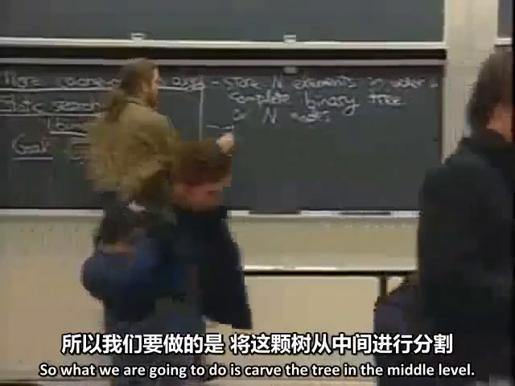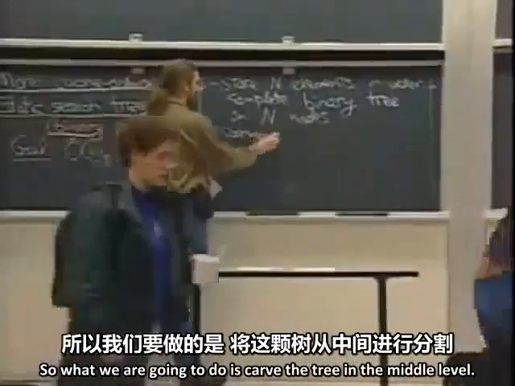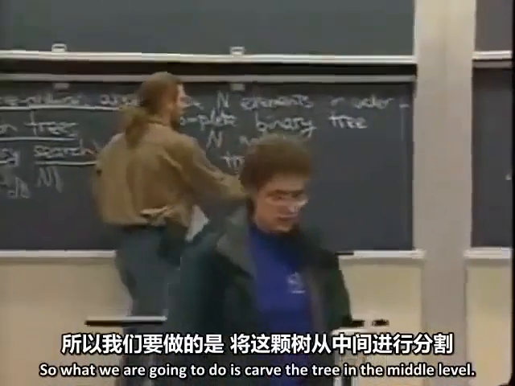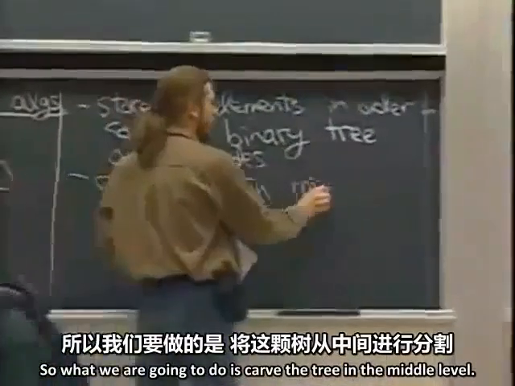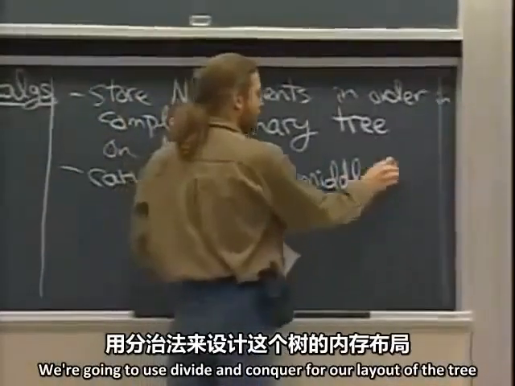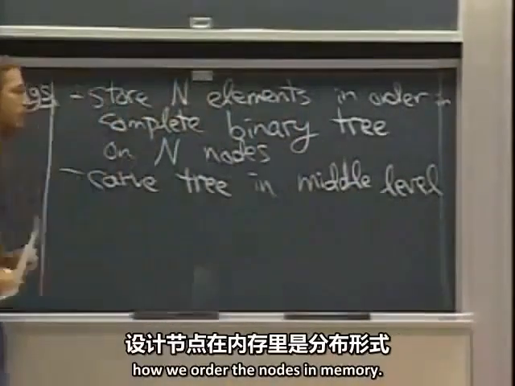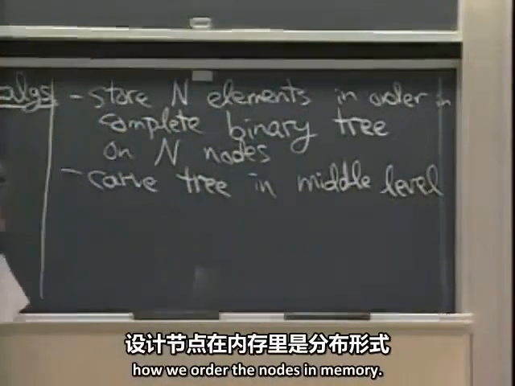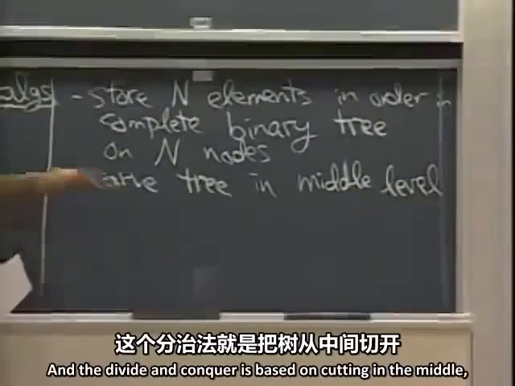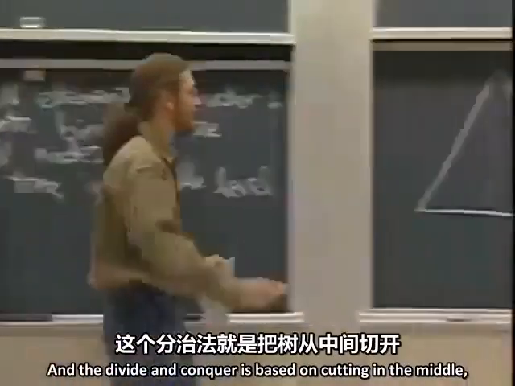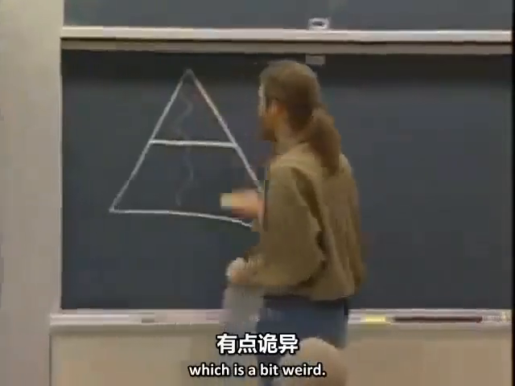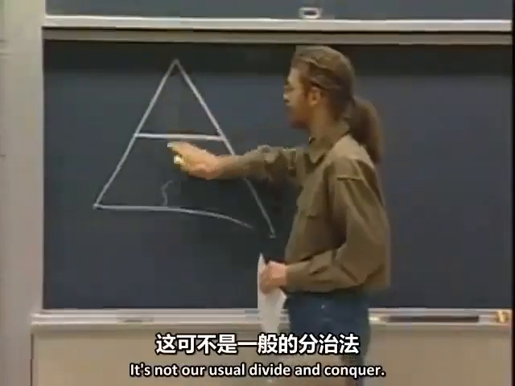So what we're going to do is carve the tree in the middle level. We're going to use divide and conquer for our layout of the tree, how we order the nodes in memory. And the divide and conquer is based on cutting in the middle, which is a bit weird. It's not our usual divide and conquer.